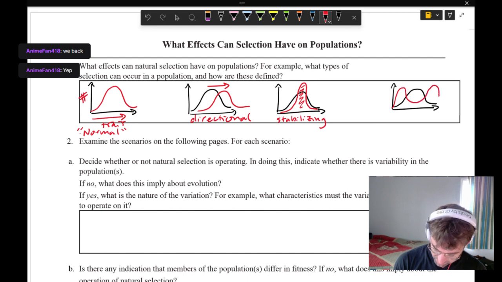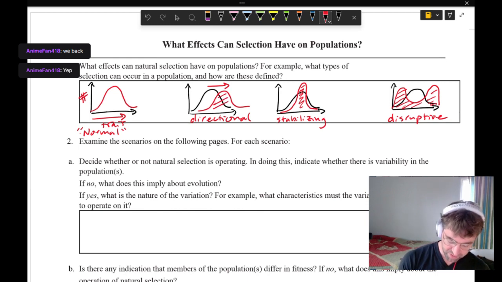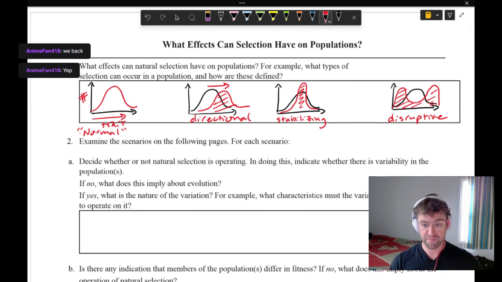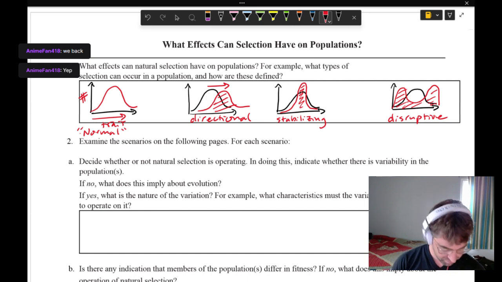So you'll have something that looks more like this. And this is called disruptive selection. So directional favors one extreme, stabilizing favors the intermediate, and disruptive favors extremes at either end.